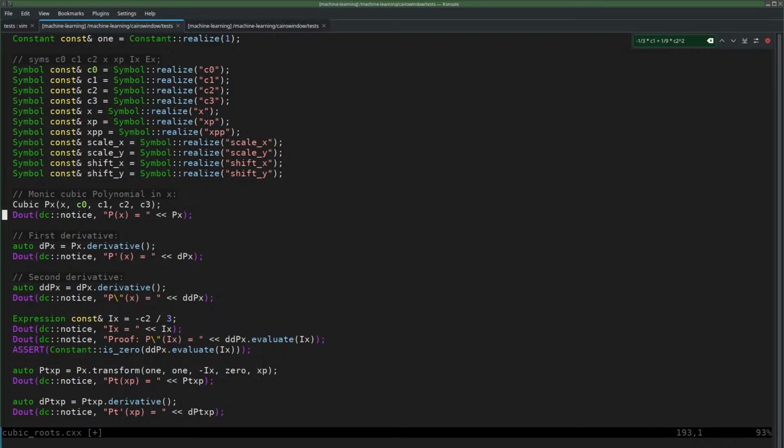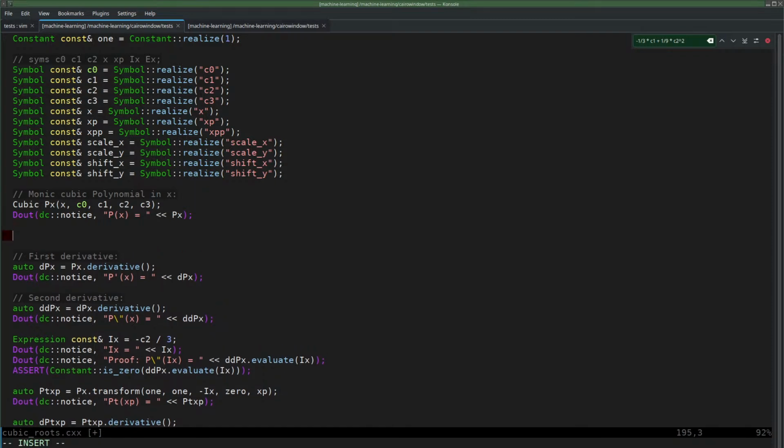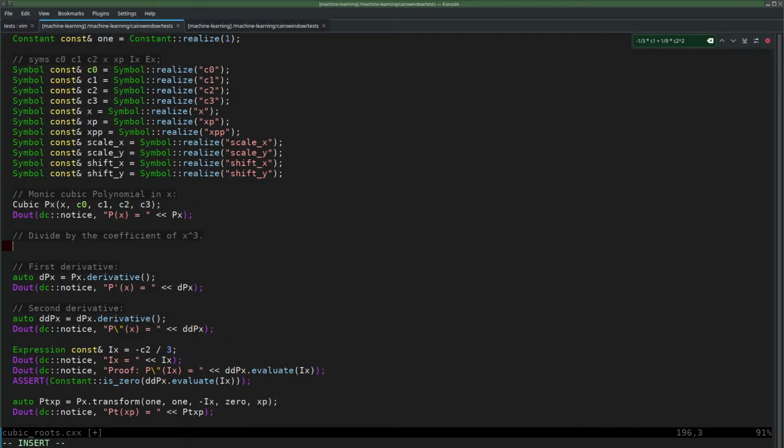And then I can do a transform here. It would actually be easier if I could just assign. Wait, maybe I can do that. So just divide by the coefficient of x to the power 3. That's the same thing as getting a monic, but still having the C3 in it.